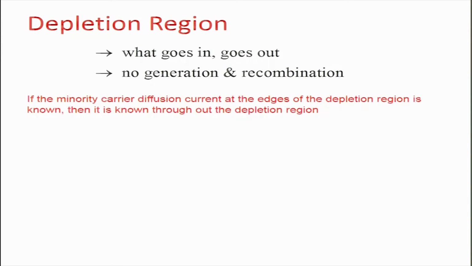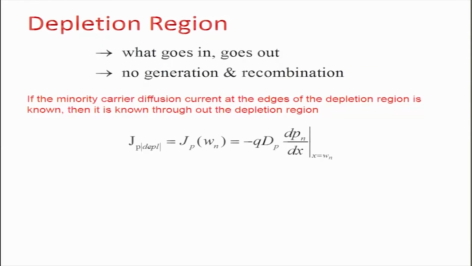And we saw from the previous diagram that if the minority carrier diffusion current at the edges of the depletion region is known, then we know the total current throughout the depletion region as well as the total current throughout the device. So basically we can write Jp at the depletion edge is equal to Jp in the depletion region is equal to Jp at Wn, which is equal to minus q Dp dPn/dx at x equal to Wn, right.